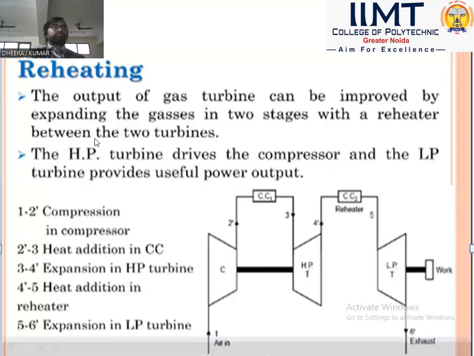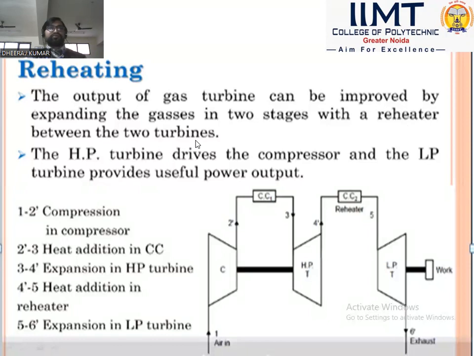Again, a method to improve the efficiency of the gas turbine is by providing reheating. Reheating improves the output of the gas turbine by expanding the gases in two stages with a reheater between the two turbines.